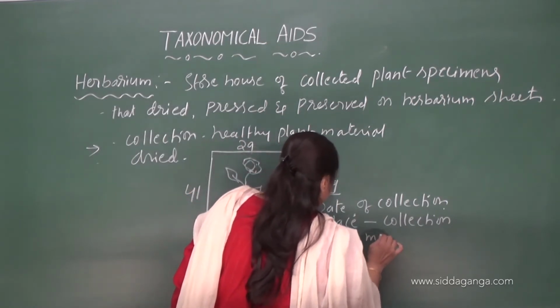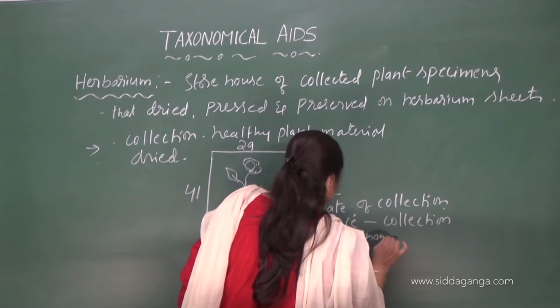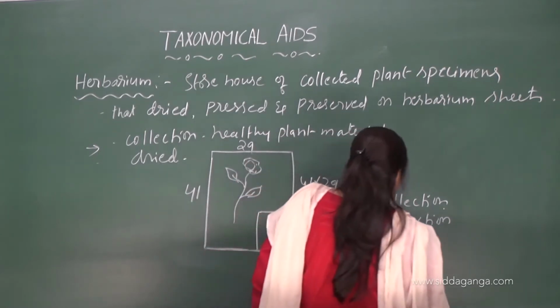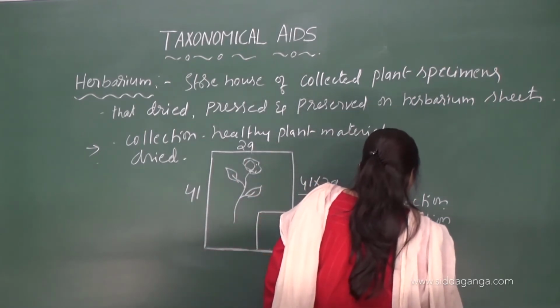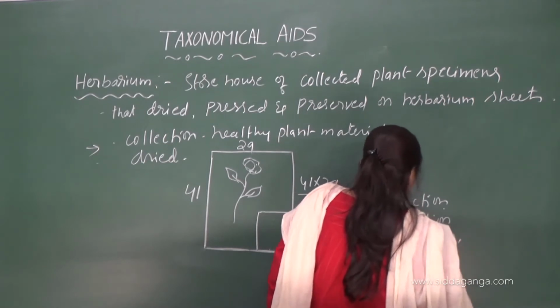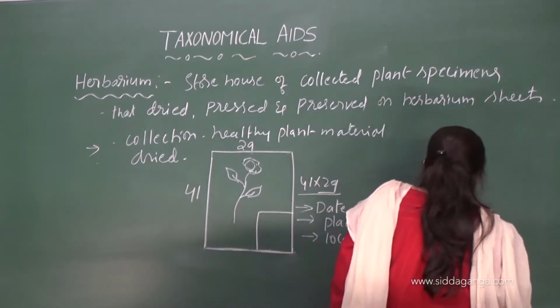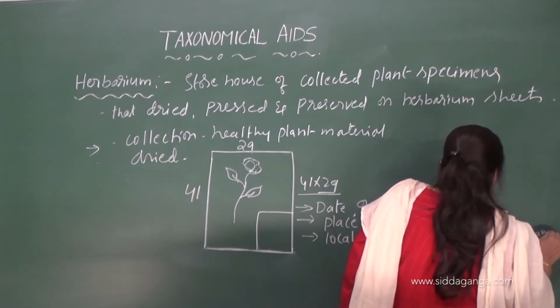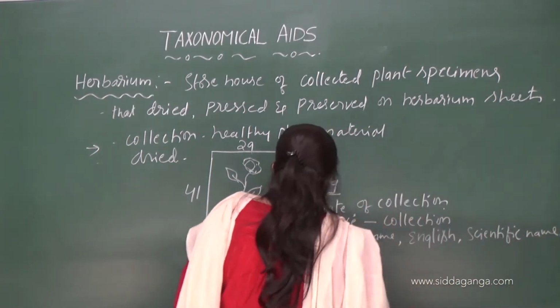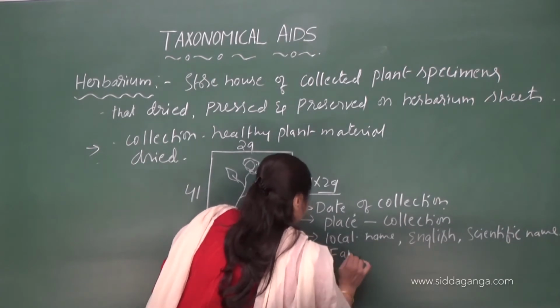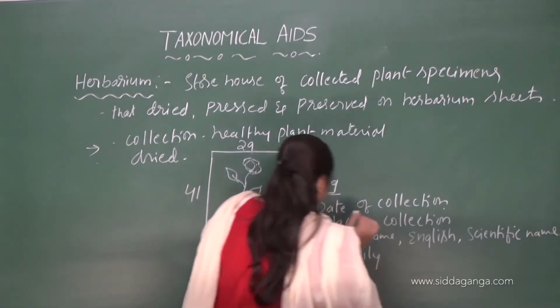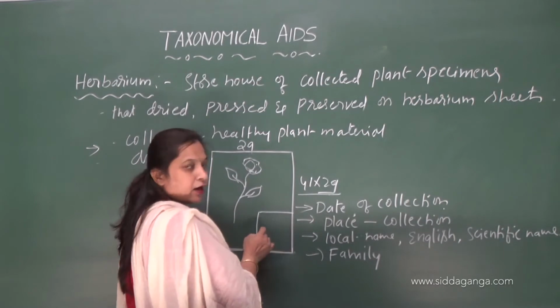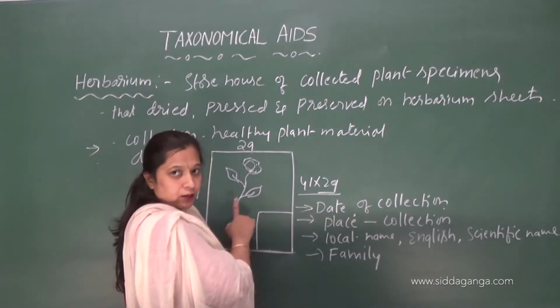The local name of the plant is written, and its English name, and after that the scientific name. Scientific name is written, and the family name to which that particular plant belongs. So you have to write which family that particular plant belongs to.